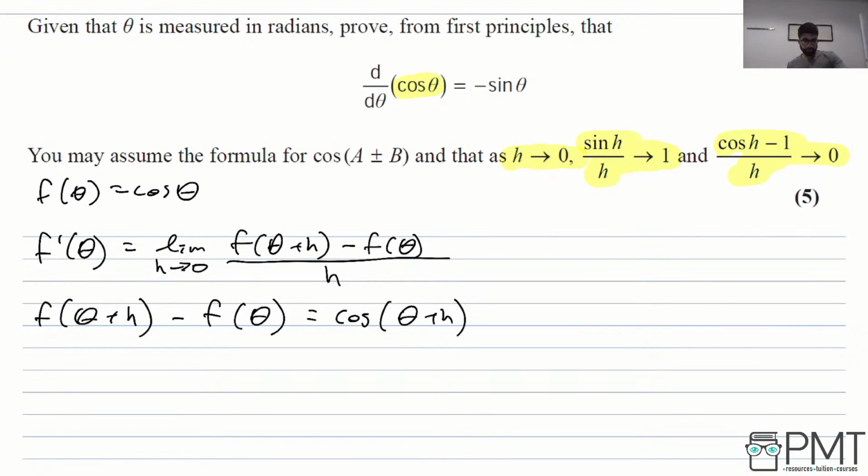Can someone tell me how I can expand this? What's cos theta plus h? Says you can assume the formula for that, cos of a plus b. So I should have cos of theta plus h minus cos theta all over h.